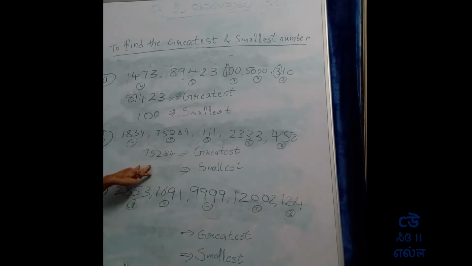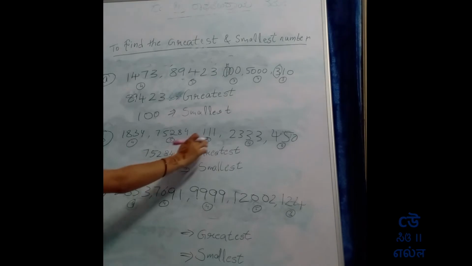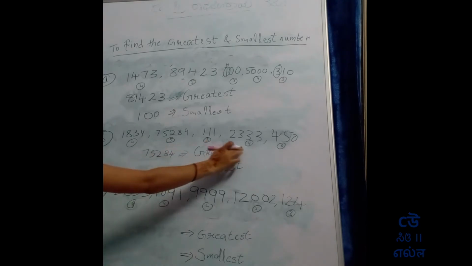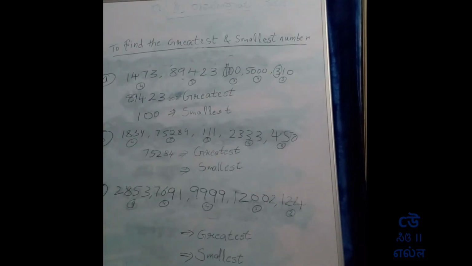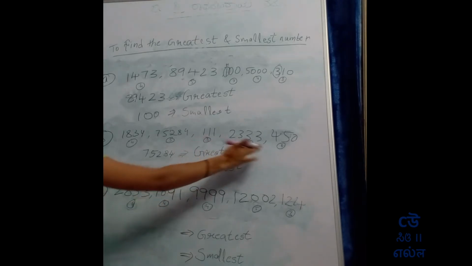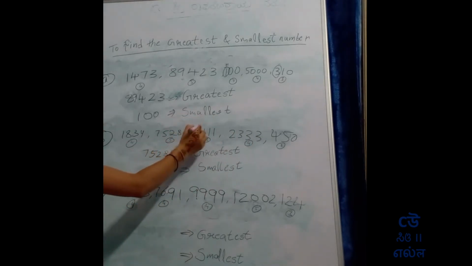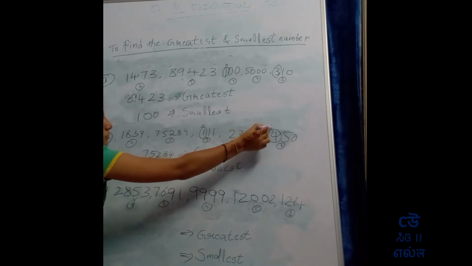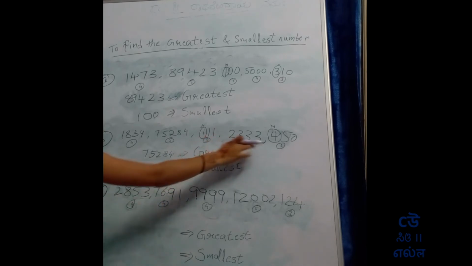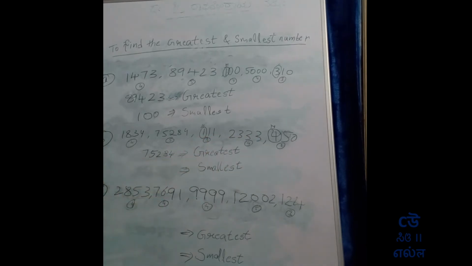Next, coming to the smallest number. Among all these 5, which is the smallest number? 45343. See, we have 3 digits in 2 numbers, that is this and this. In 1 and 4, which is the smallest?